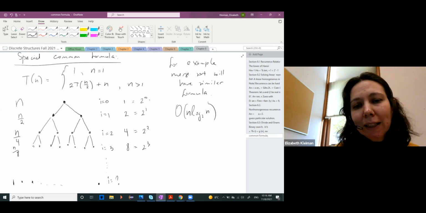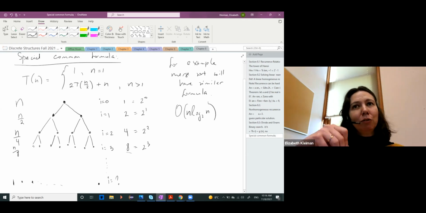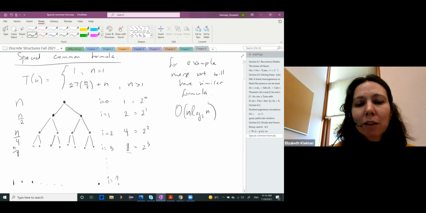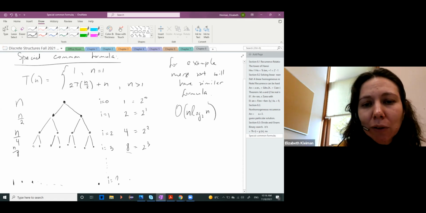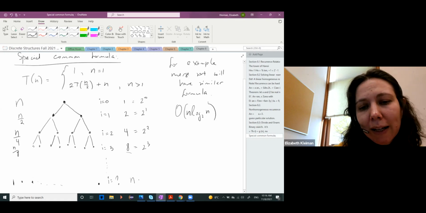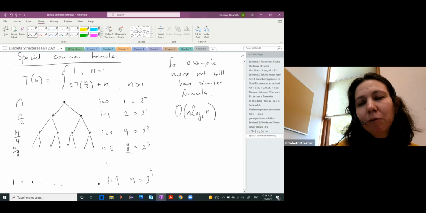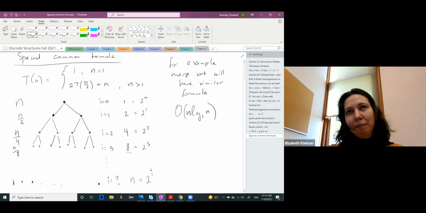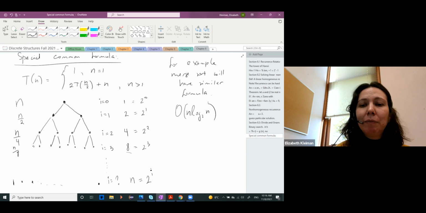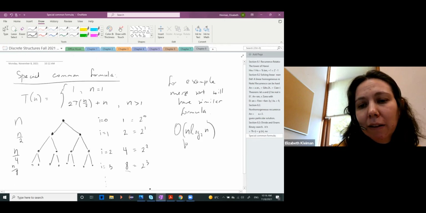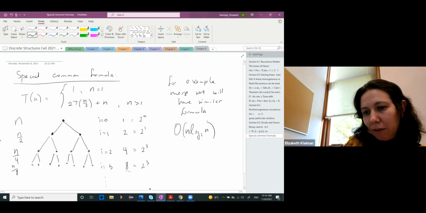Because do you see how my number of elements changes as a progression of 2? So pretty much I'm going to stop when n is equal to 2 to the power of I. So when I reach the correct amount of elements.